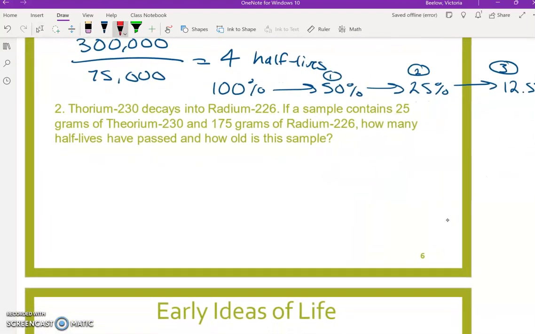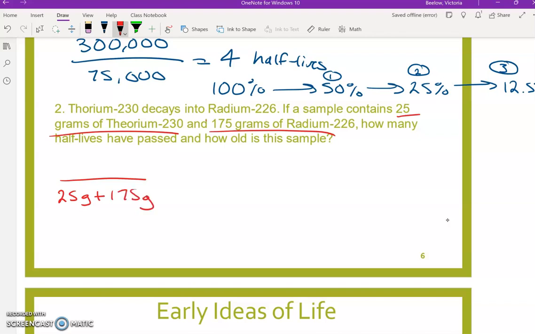So that thorium we were talking about, this is what it decays into, radium-226. So let's say we have 25 grams of the original parent and we have 175 of the daughter, okay? So the first thing is we have to figure out the total. So we have the 25 grams plus 175 grams.